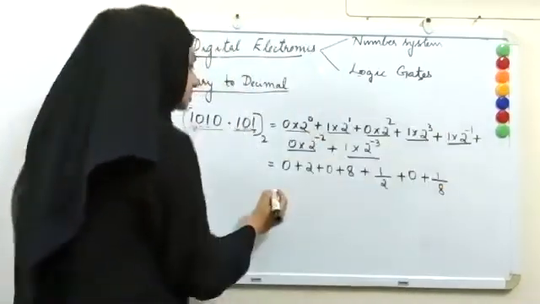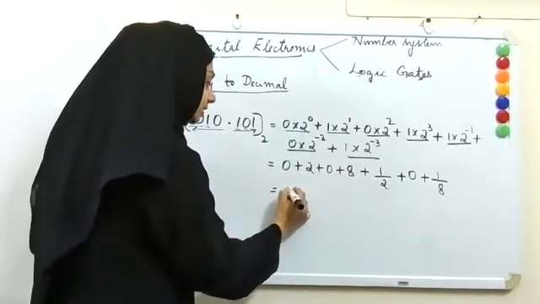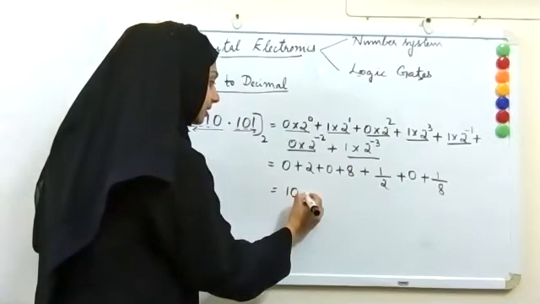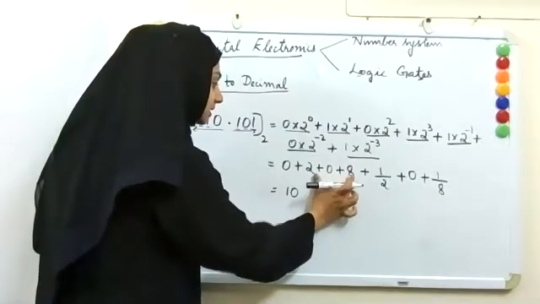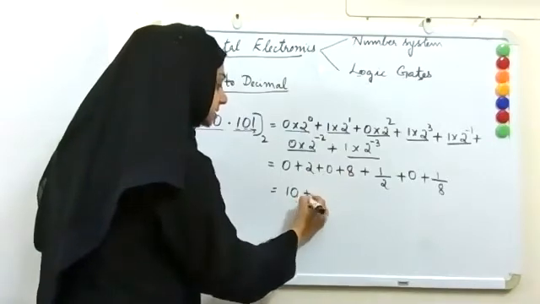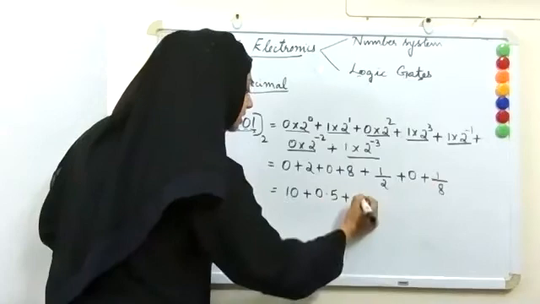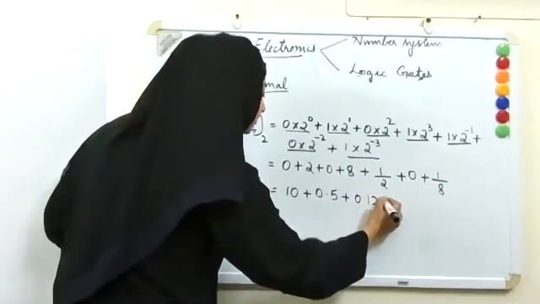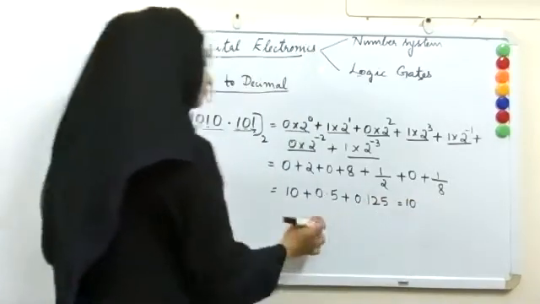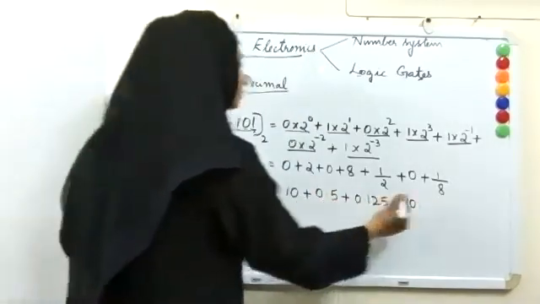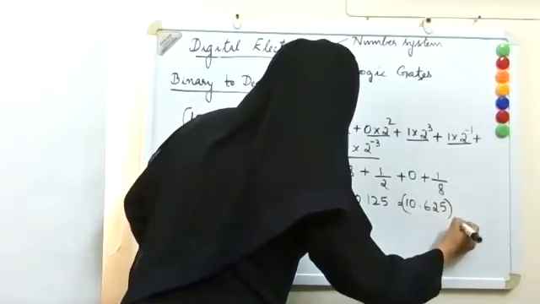So all of this is 0 plus 2 plus 8, which is 10. 10 plus 1 by 2 is 0.5, plus 1 by 8 is 0.125. So this is equal to 10.625 to the base 10.